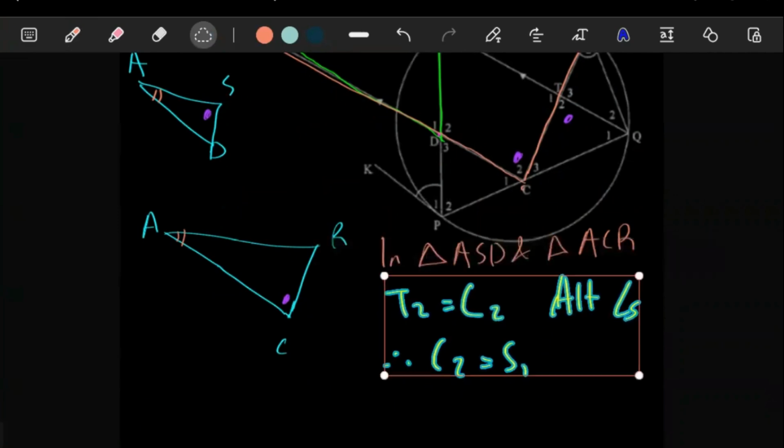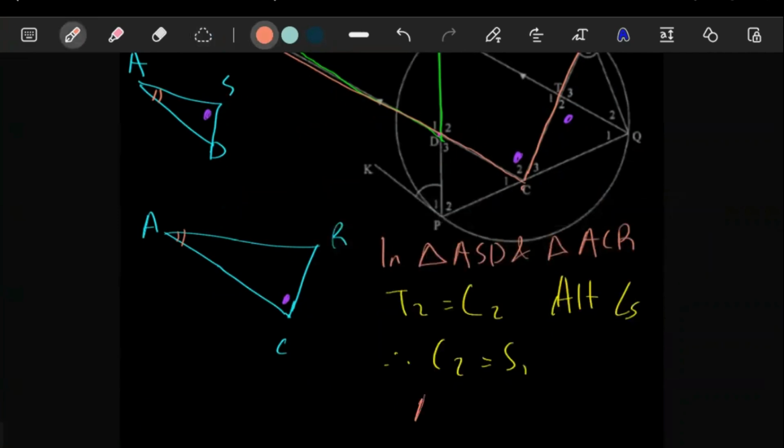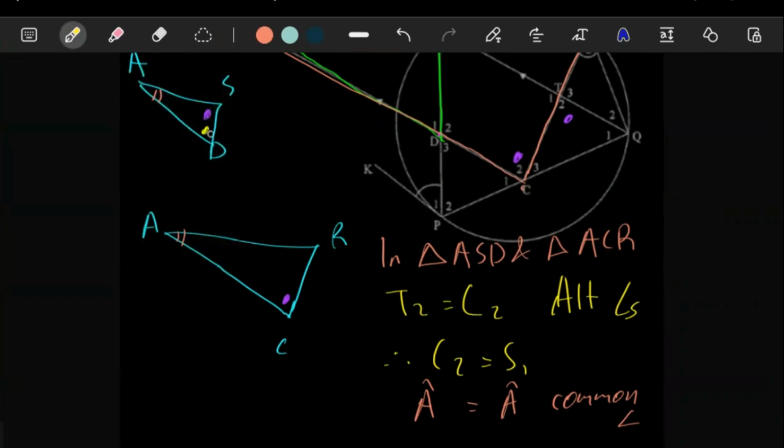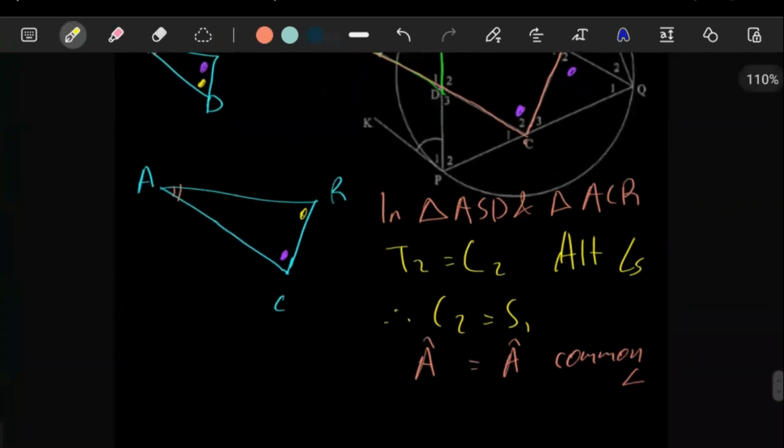That's the first thing. And then the next thing we can just say angle A is equal to angle A, common angle. And then lastly, we can state that this angle here is equal to that angle there.